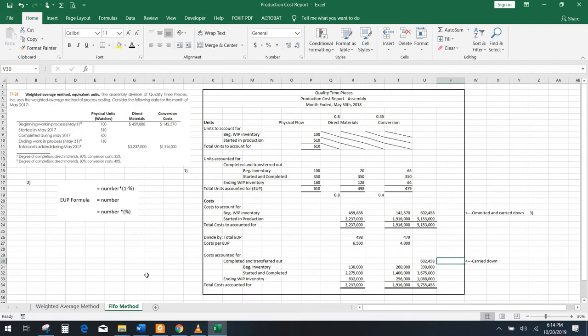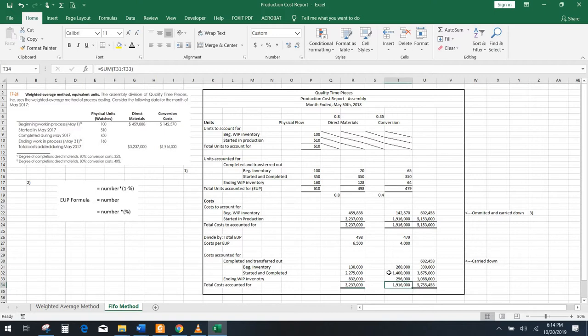So let me just quickly glance down at my notes and make sure I calculated everything correctly. That's correct. This is not correct. This, oh, pardon me, that is correct. 1,916,000, and this is 3,237,000.